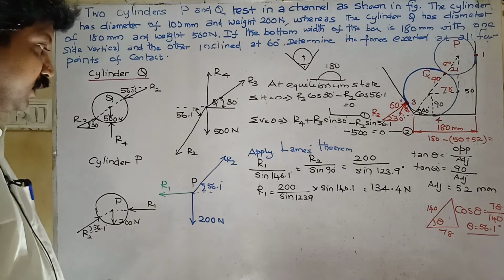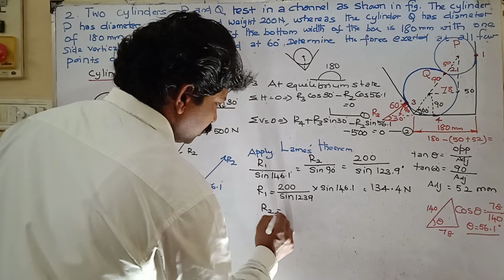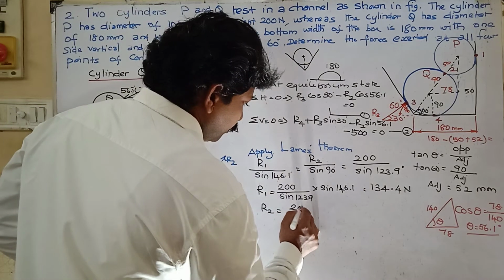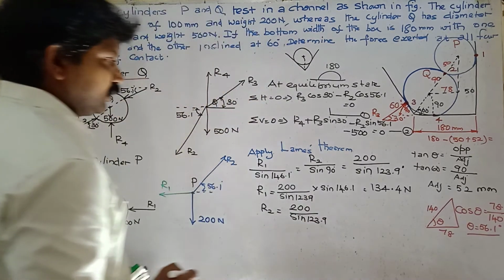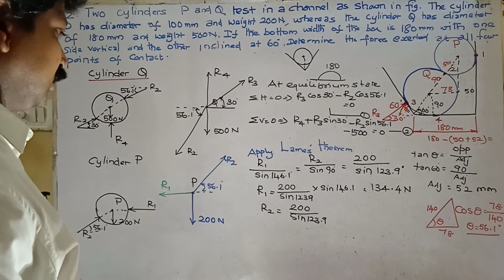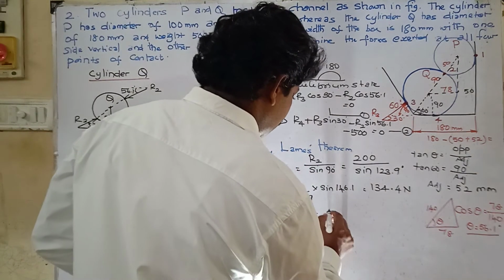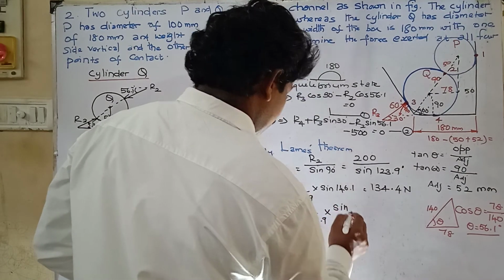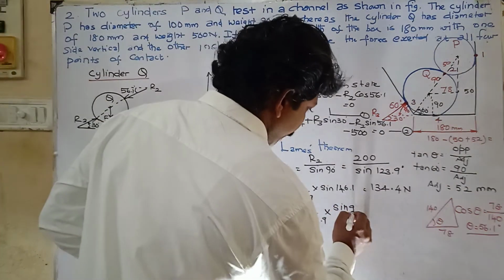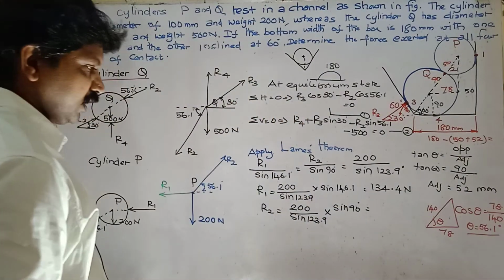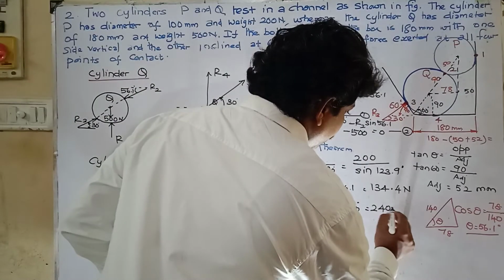And then R2 equals 200 divided by sine 123.9, into sine 90 degrees. What is the R2 value? 240.96 Newton.